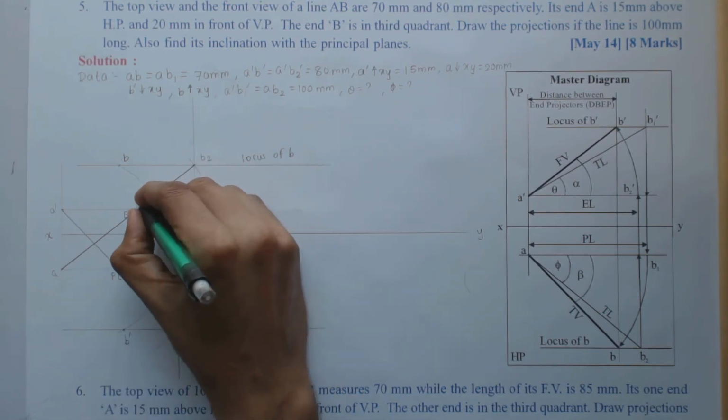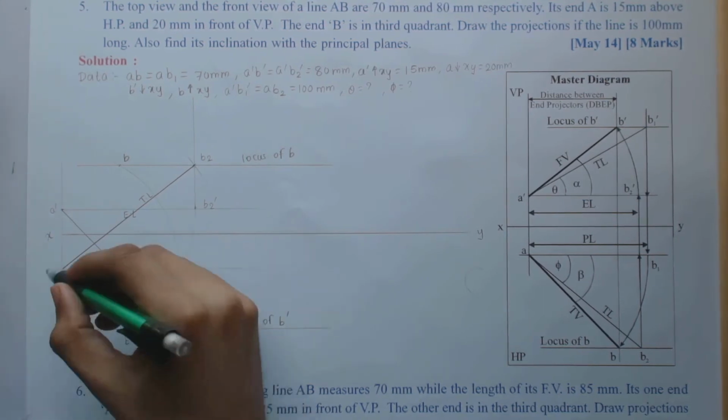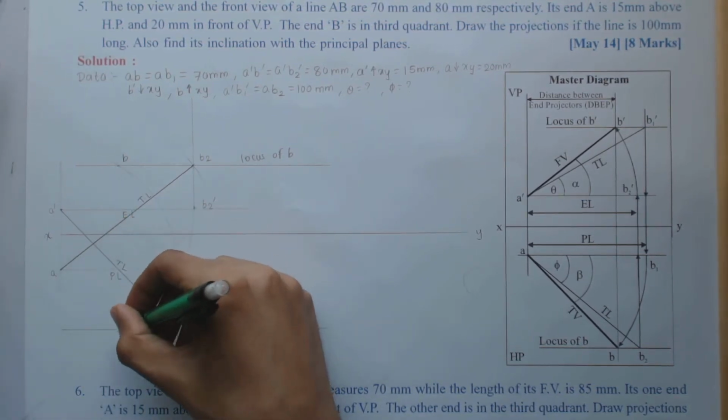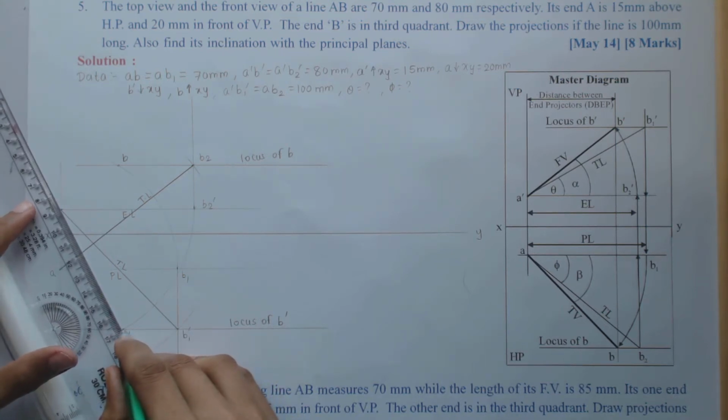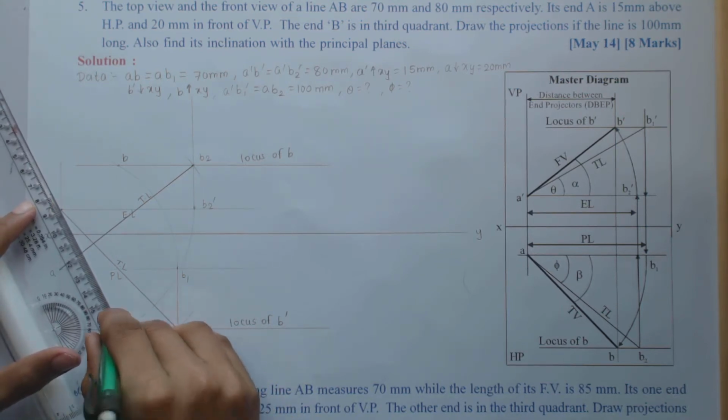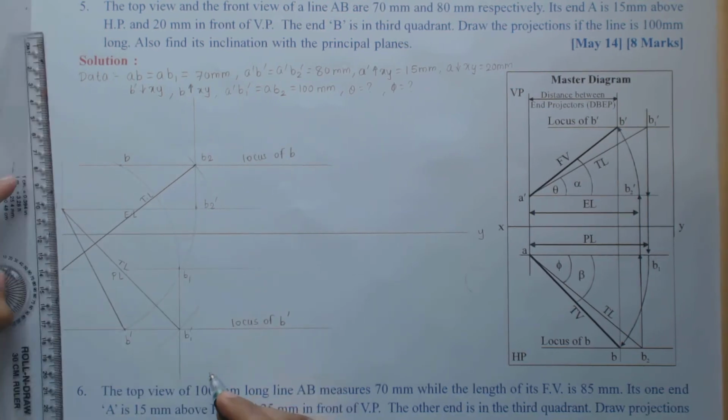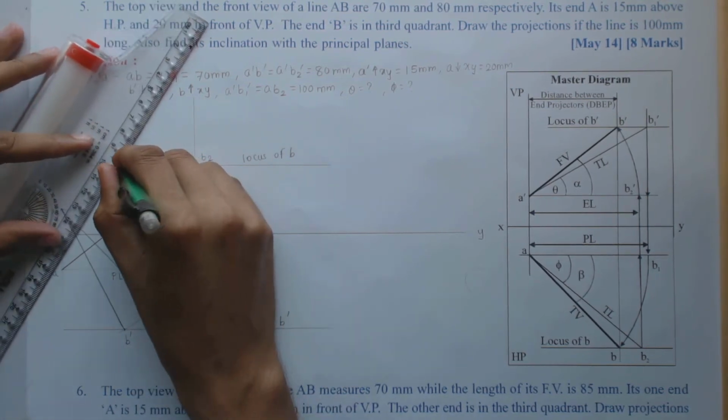Similarly, AB2 is the true length. Now we have marked point B and B dash. So I can join A dash B dash to get the final front view, and AB to get the final top view.